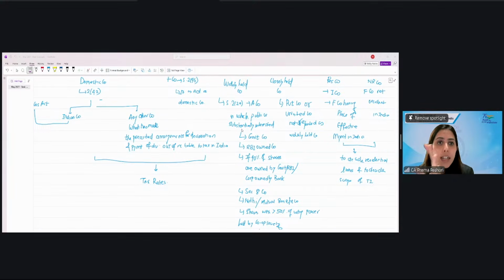You purchase it, let's say, in the middle of the month, and let's say the interest accrues on the 1st of the month. So the seller was holding it from 1st April to 15th April. The buyer is purchasing on 16th April.